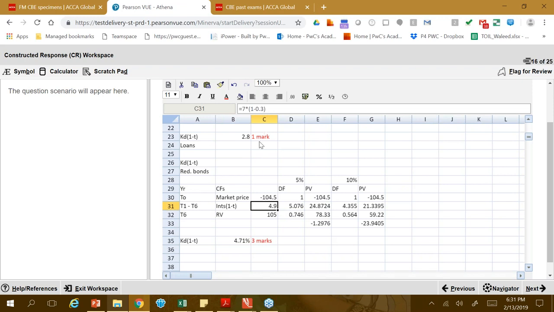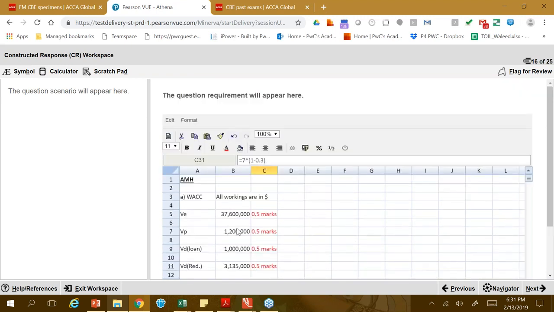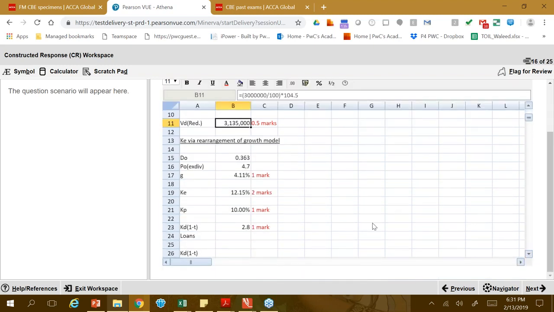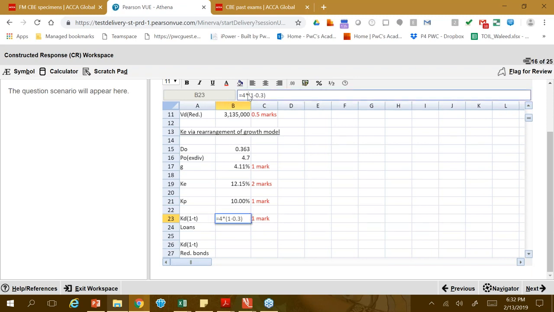So I hope all these questions are answered at this point. And what we have got now is all the costs that we have computed. We've got all the values: value of equity, value of preferred stock, and value of debt for the bank loans and redeemable debt. And then we have here the cost of equity, which was 12.15, cost of preferred shares 10, KD1 minus T of the bank loans 2.8%. Let me just show this as a percentage.